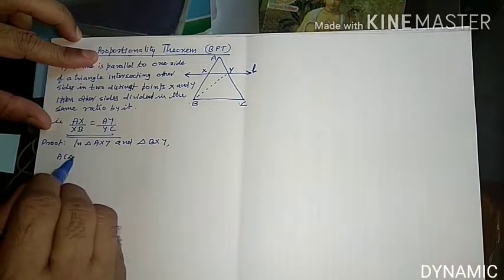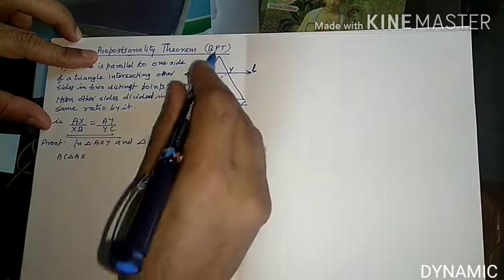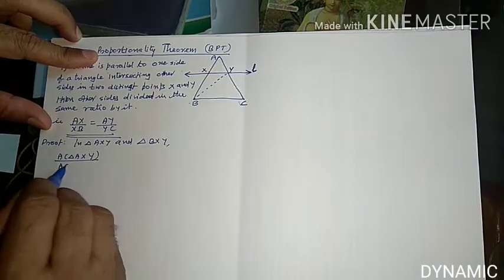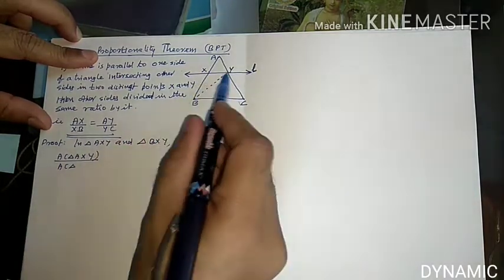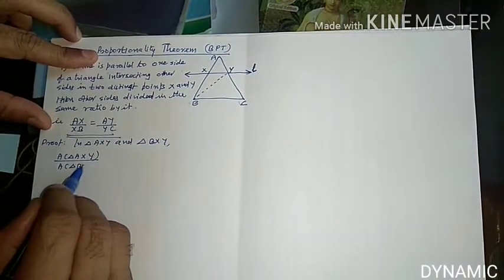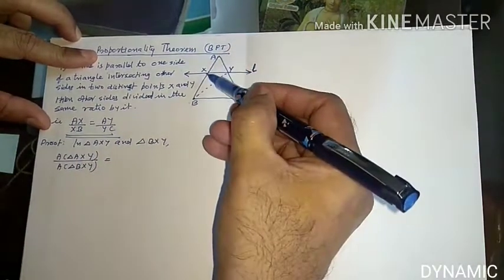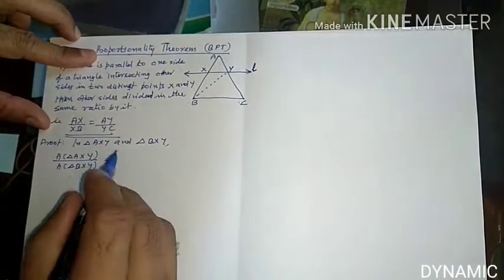Area of triangle AXY upon area of triangle BXY is equal to AX upon XB.